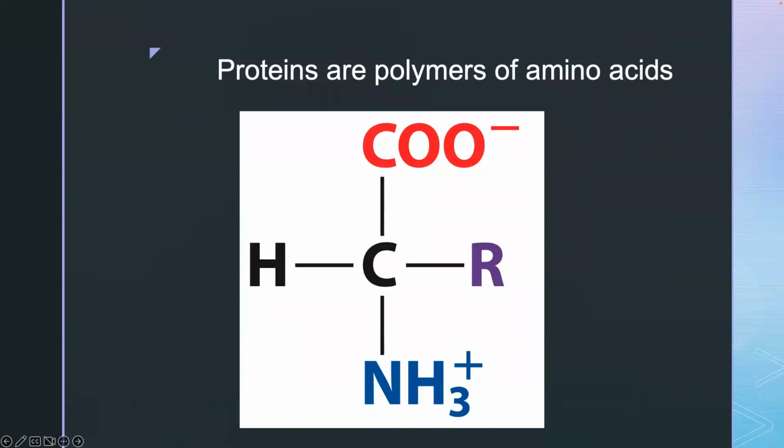So if the pH, for example here, is 7 and the pK is 4, then if the pH is less than the pK, you're going to have the protonated form. But if the pH is greater than the pK, then we're going to have the deprotonated form at a neutral pH.